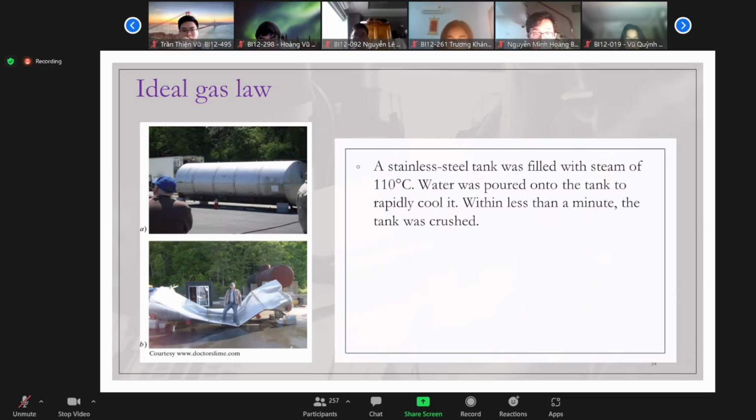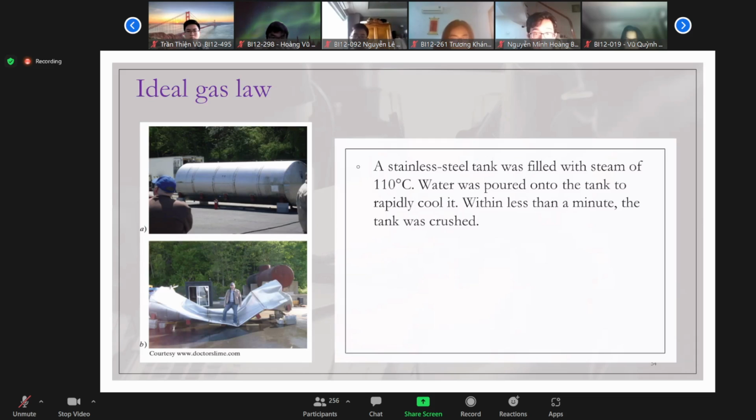And this is what happens when we pour the water onto the tank to rapidly cool it. So the tank was crushed very quickly. Actually, we can use the ideal gas law to explain this accident.